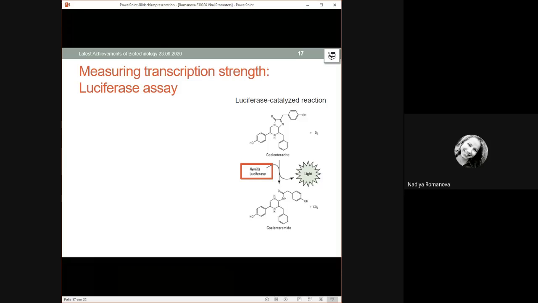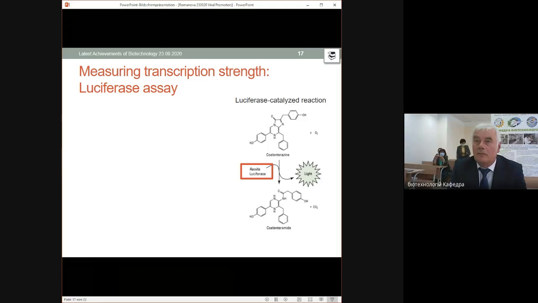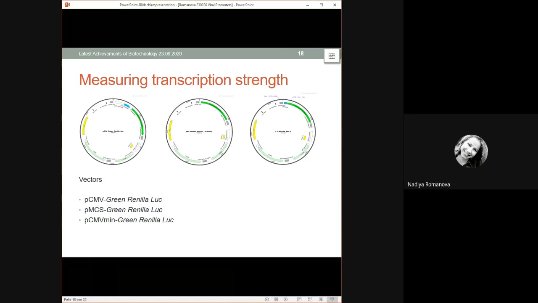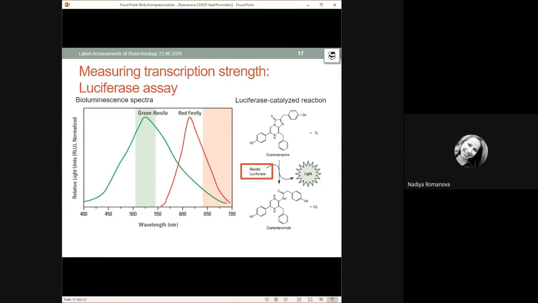And the luciferase is the protein which you code in your plasmid. So then you can measure the light coming out of it, and in order to get how strong the promoter is, you can measure how much light you get instead of measuring how much protein you have.